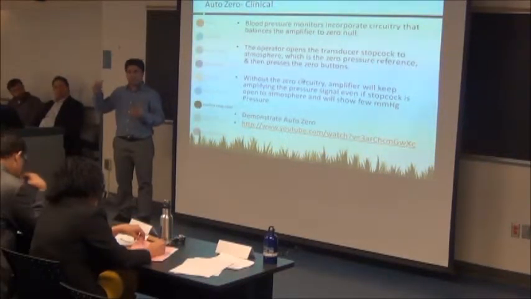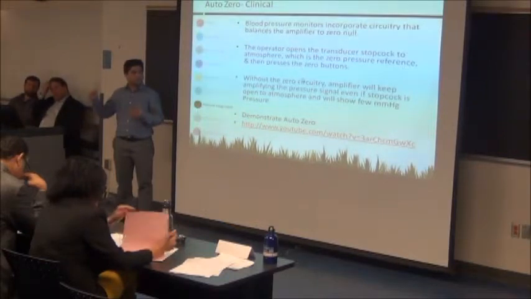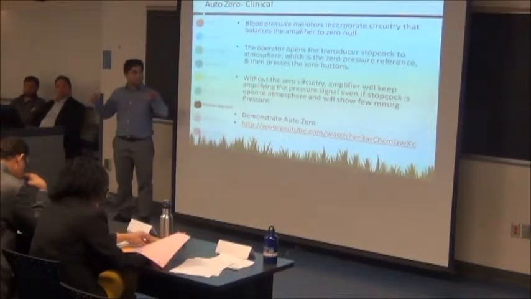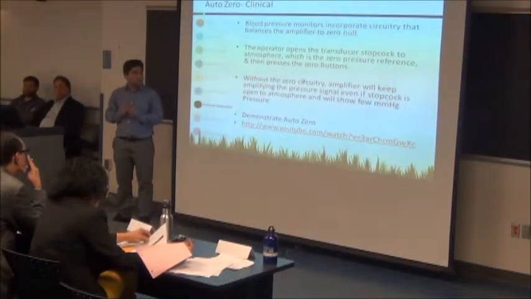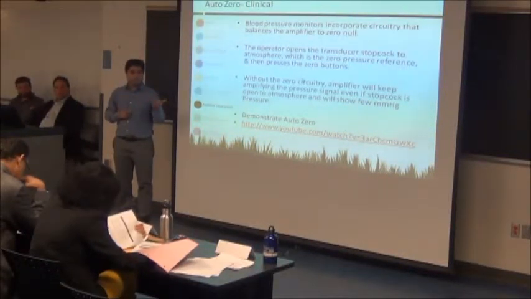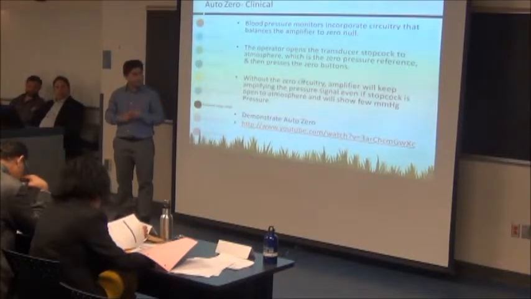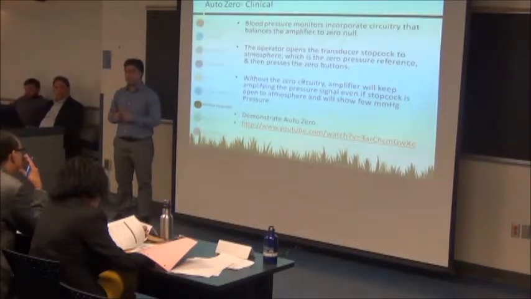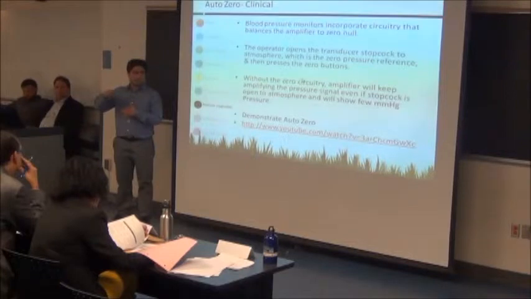That voltage has to go to zero to compare to the atmospheric pressure. Without the zero circuit, the pressure signal is not calibrated properly and will be uneven. It's going to be riding on the offset of atmospheric pressure.